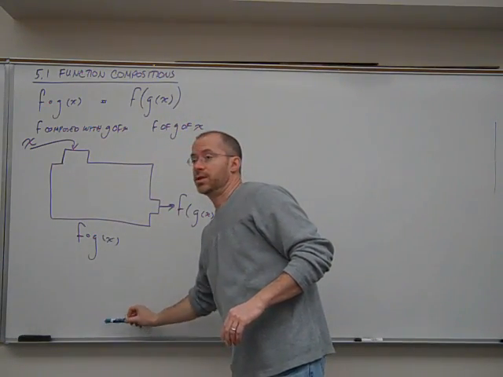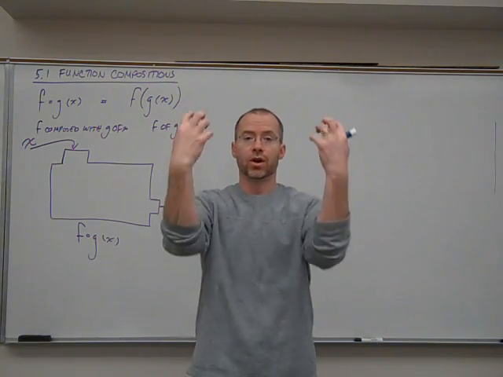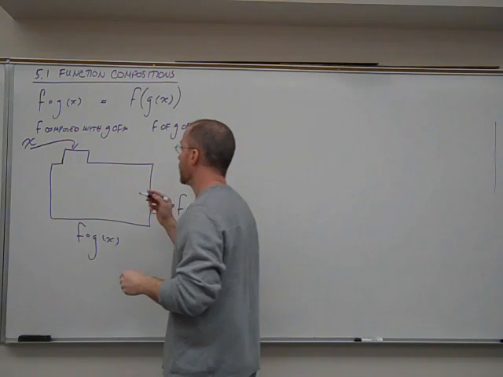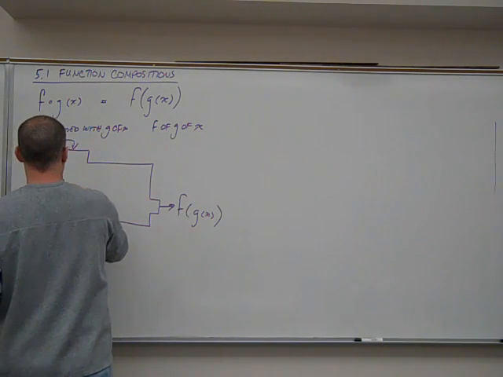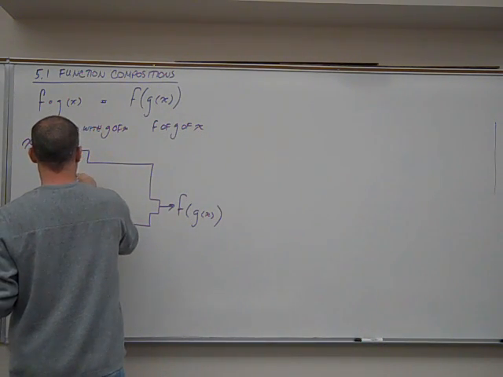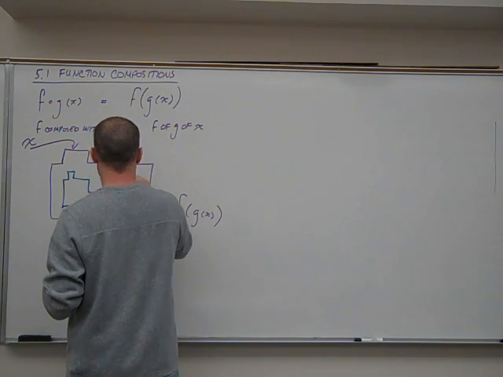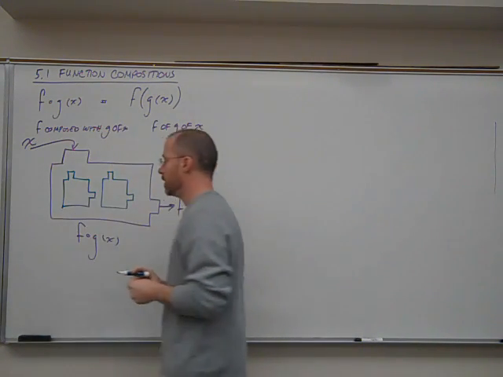Really all a composition is, is two functions hooked up in series to make a new function. So inside this black box there are two functions, f and g.